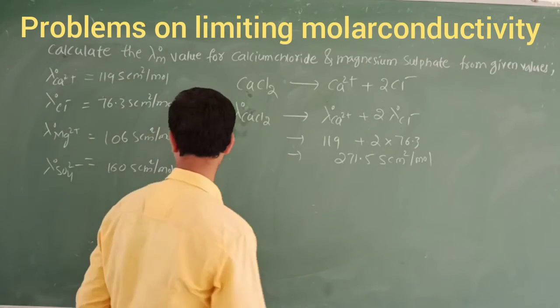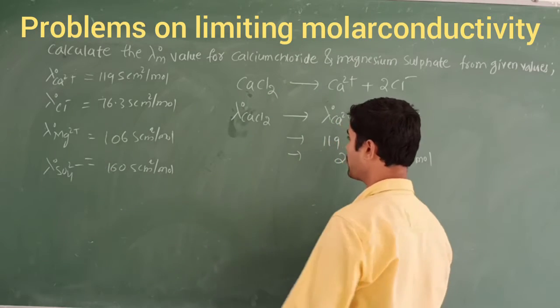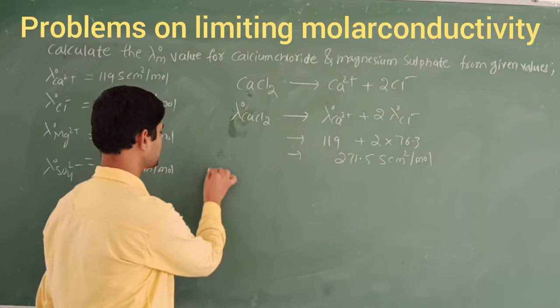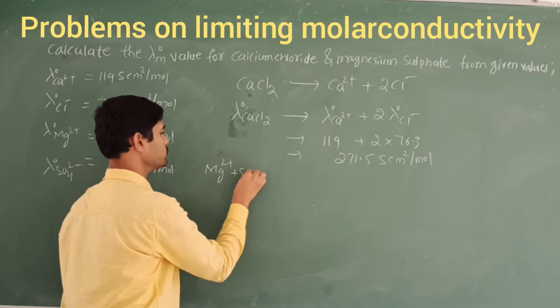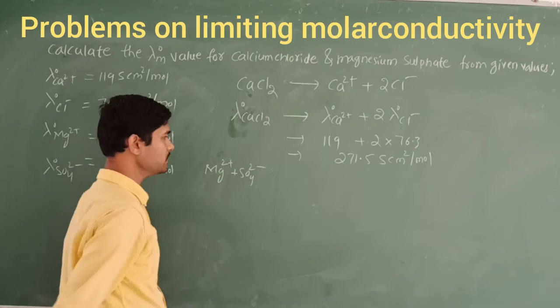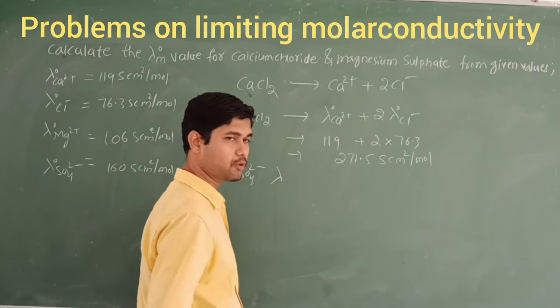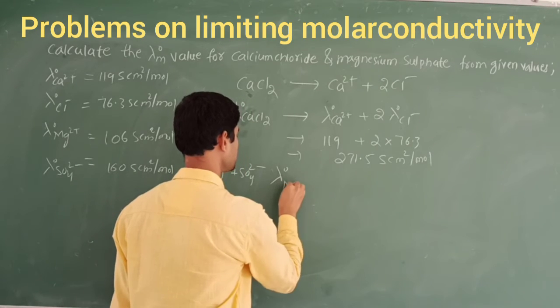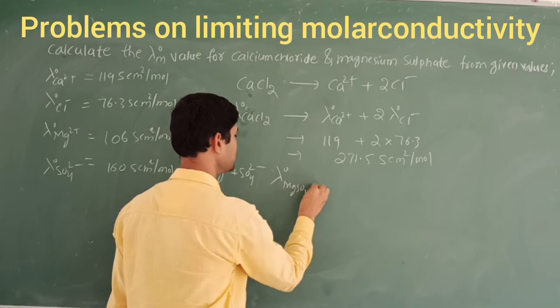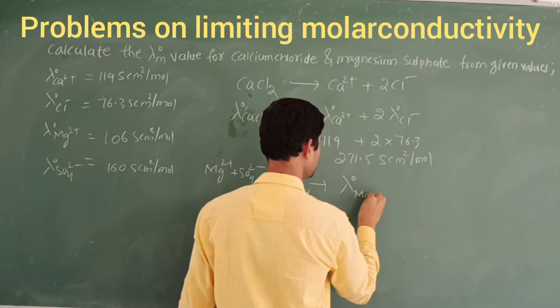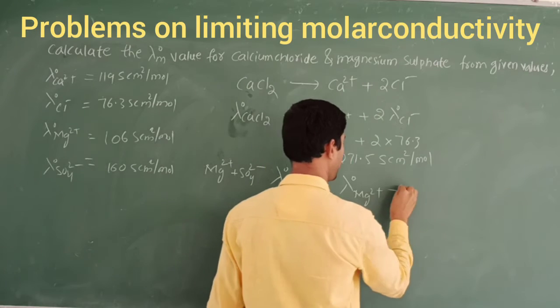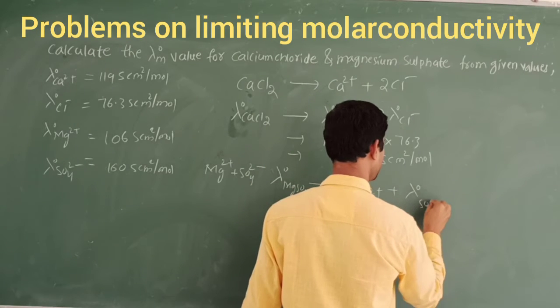So next we are going for the magnesium sulfate. How are we going to write the magnesium sulfate? Simply, magnesium Mg2+ and sulfate SO4 2− ions. We apply the limiting molar conductivity for magnesium sulfate, that is nothing but that of the individual ions, the magnesium cation as well as the sulfate ion.